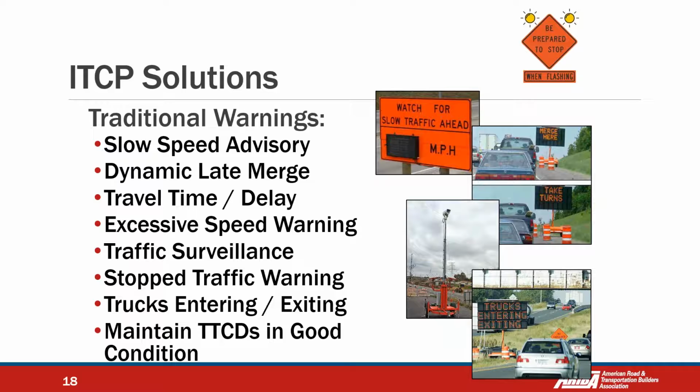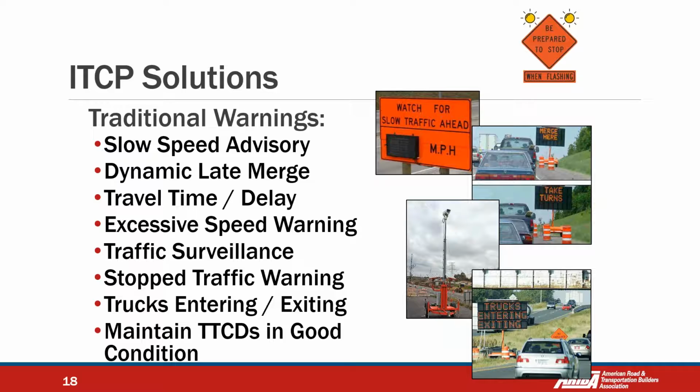Sometimes it can create a problem to have too much information, too many signs in the area. So we have to be sure that they are more specific and clear. Traffic surveillance, stop traffic warning, trucks entering, exiting, maintain temporary traffic control devices in good condition.